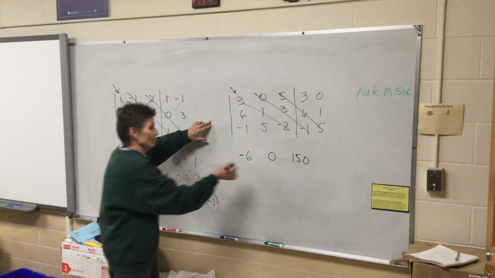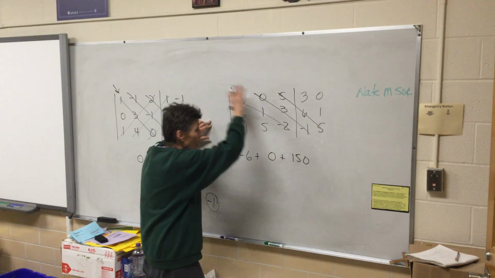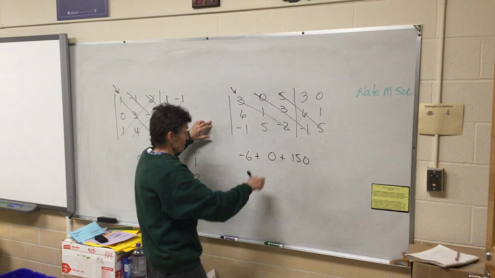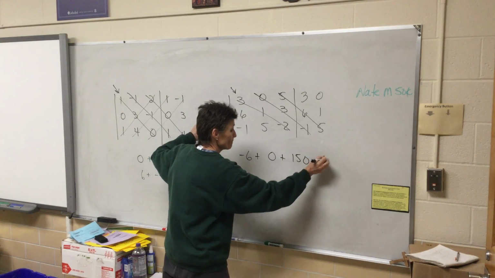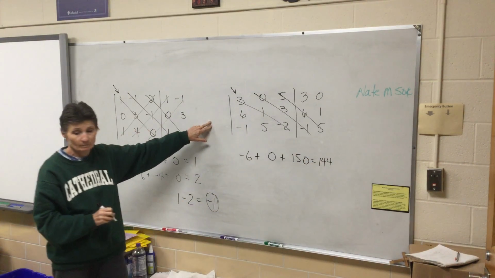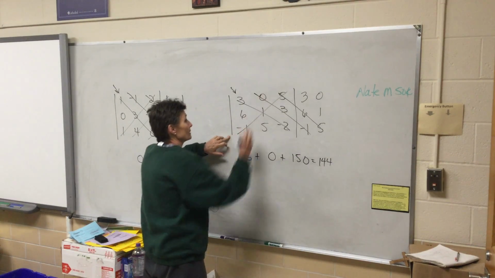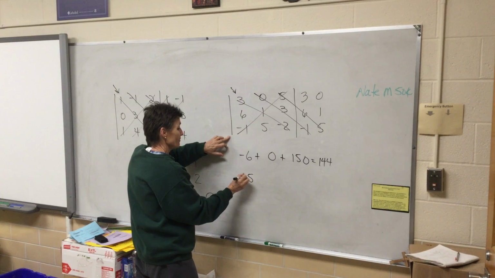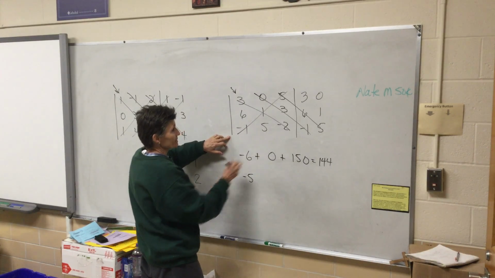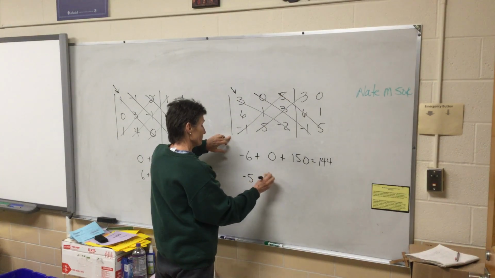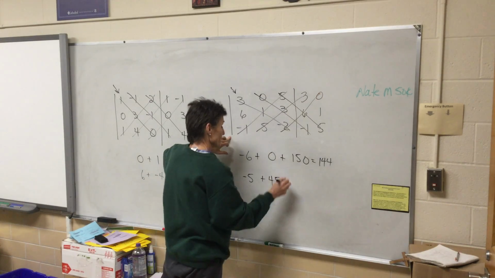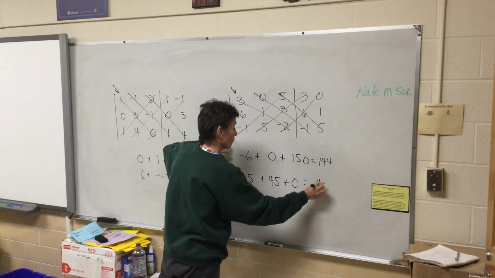And then add them up. That's your total for the downs. So what is that, 144? Now do the same thing with your ups. So -5. Oh, these numbers are big. 45 and 0. So that's a 40.